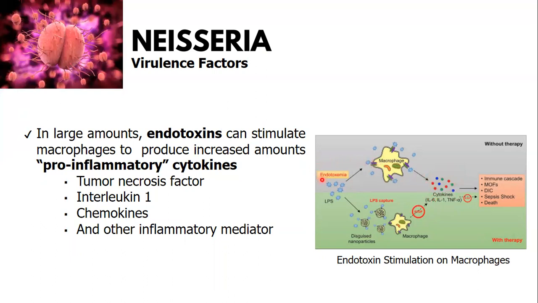So when we say endotoxemia, this refers to the increased presence of endotoxins in the blood. And as emphasized earlier, it could be released through lysis of gram-negative bacterial cells, or in the case of Neisseria gonorrhoeae and Neisseria meningitidis, the formation of outer membrane blebs during rapid growth also results in the presence of endotoxins in the circulation.